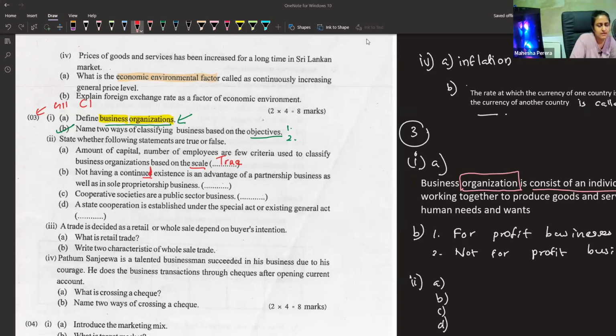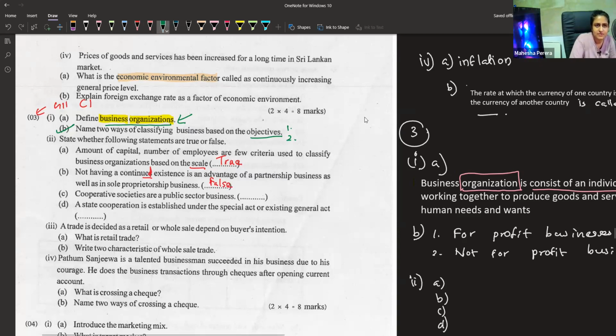Inuka, Puta, what's your answer? Right, he says false, and it is actually false. Because this is not an advantage, of course. It is a disadvantage.